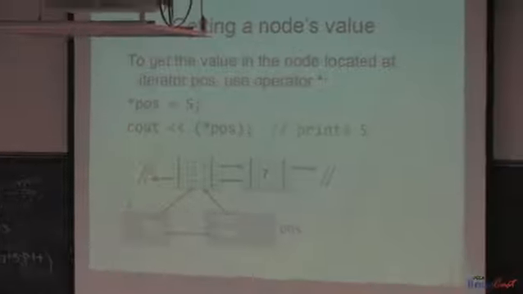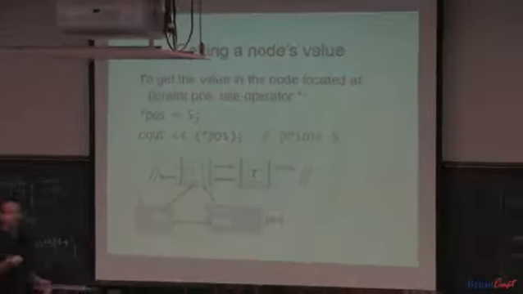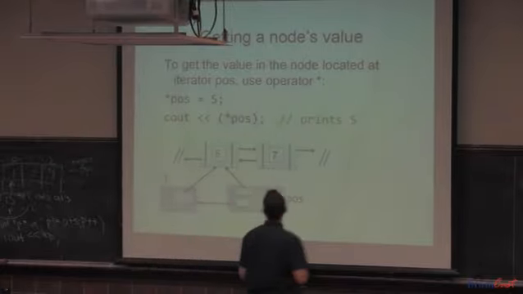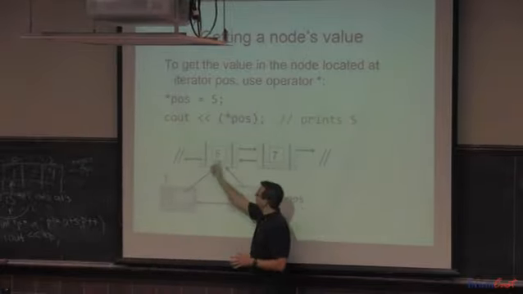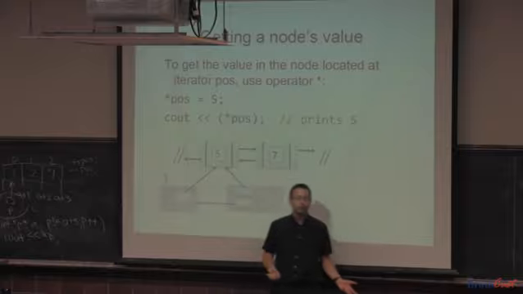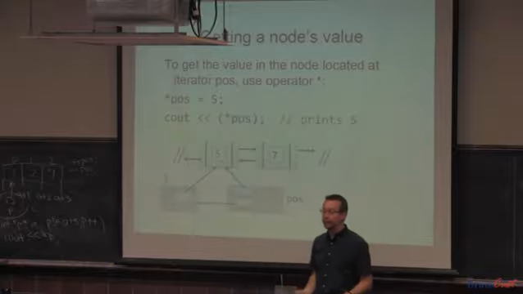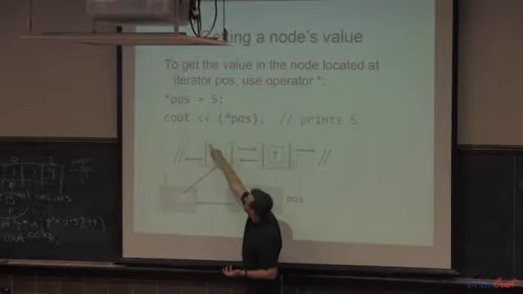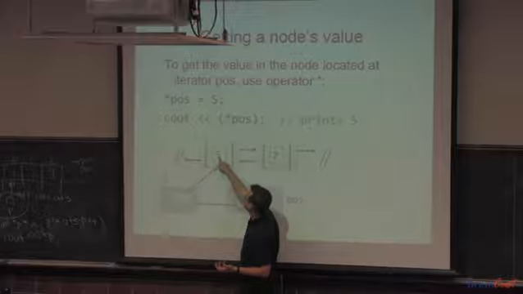You can access an element using the star, just like you do for pointers. It's a generalized pointer, right? So if I want to access the first element's value, I can do star and then the name of the iterator. So operator star is overloaded for iterators. First I use it to set the value to 5. So before it was value 2, but I can do *POS = 5.